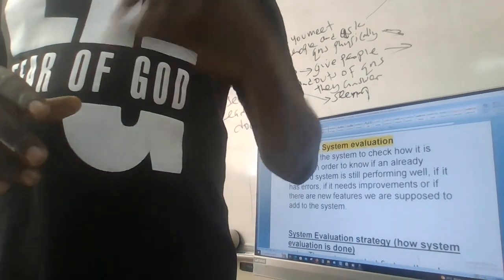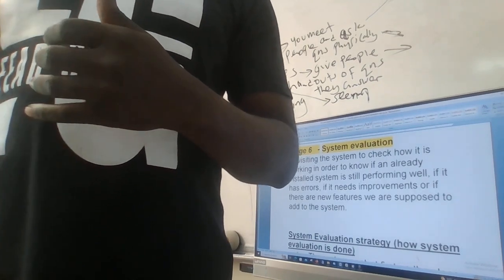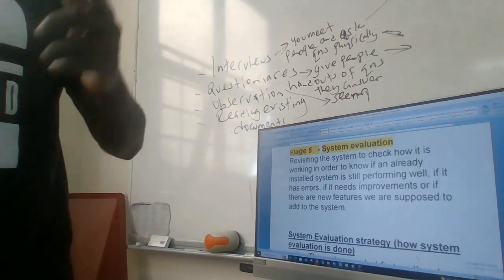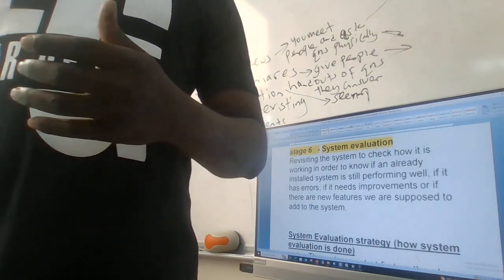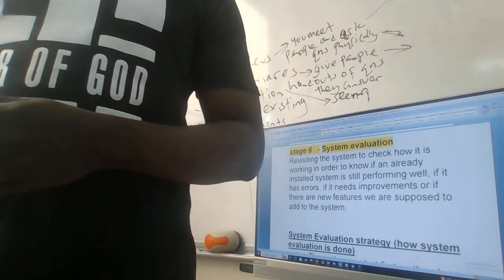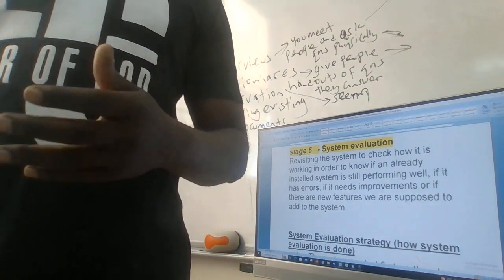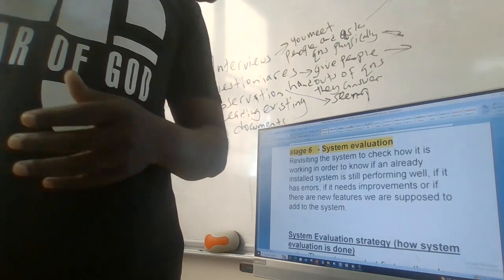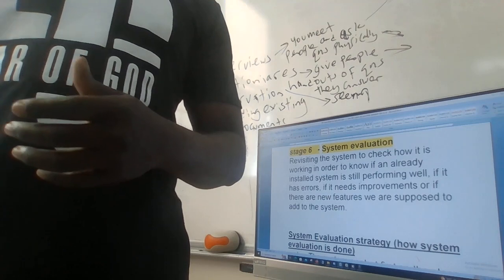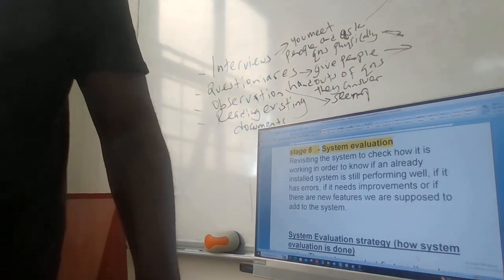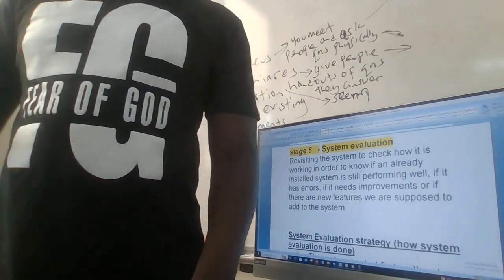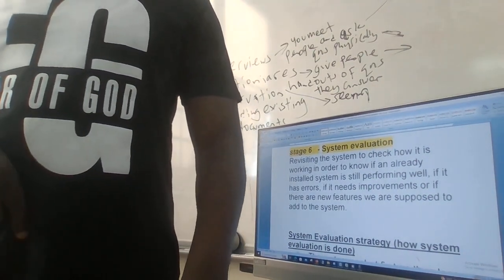Now, this is why I want you to be very careful. What we call the evaluation strategy: how do you evaluate a system? Since you're studying how it's performing, what you first do is to collect information about the system. So you use interviews, questionnaires, observation, to find out how the system is performing.